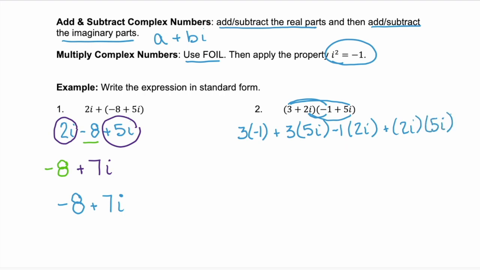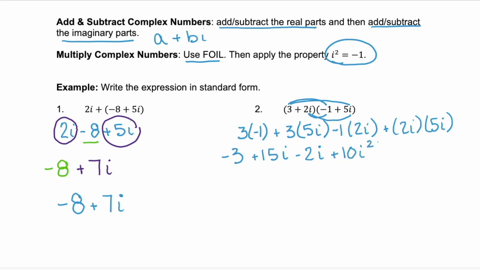Now we do the multiplication. 3 times -1 is -3. 3 times 5i is a positive 15i. -1 times 2i is -2i. And then we have plus 2i times 5i, which is plus 10i squared.